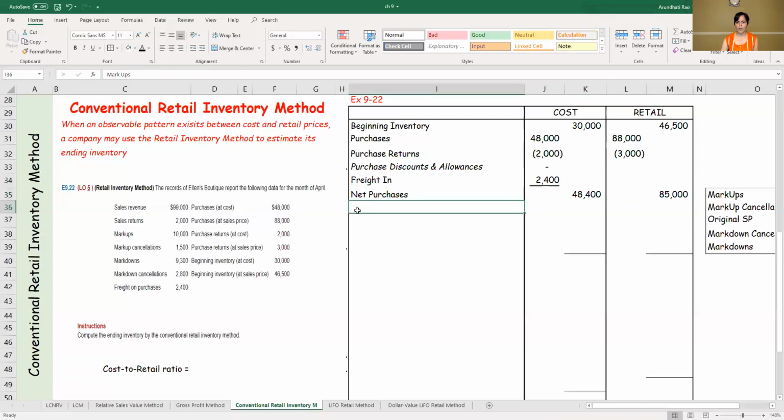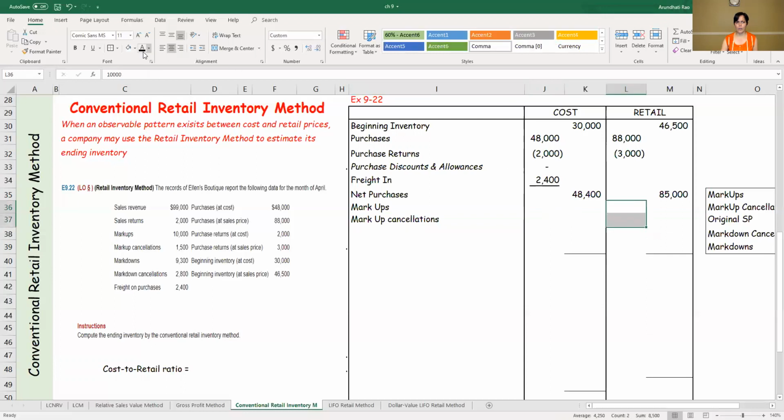Now we're going to put the markups and the markup cancellations up over here, because they're basically an adjustment that we are making, because this is going above the original selling price, the markup and markup cancellations. So we have those numbers and those will be over here.